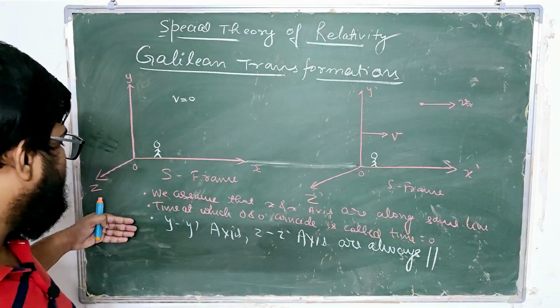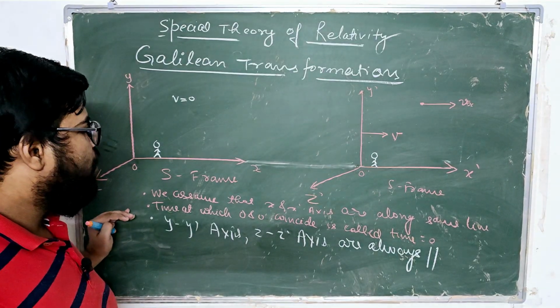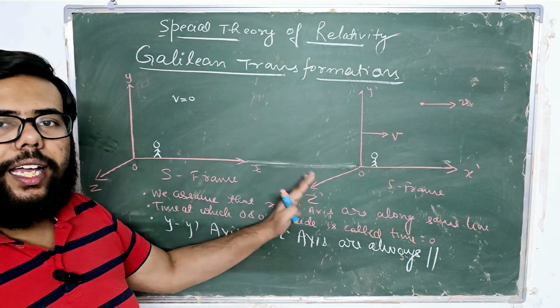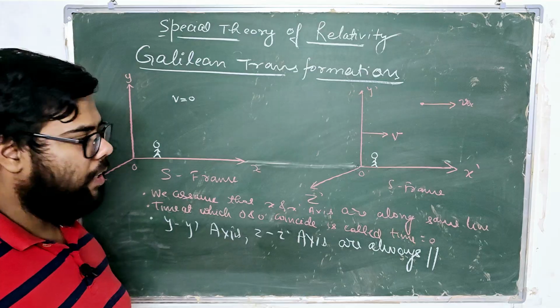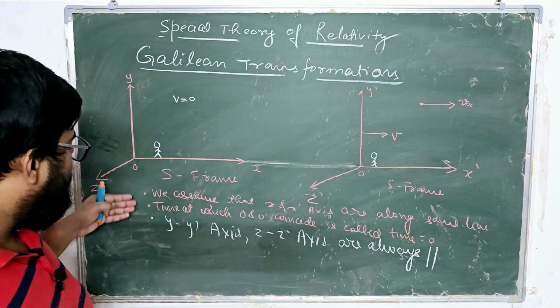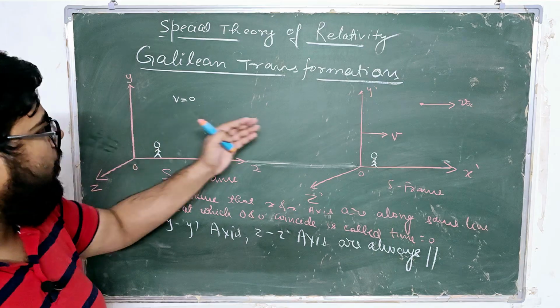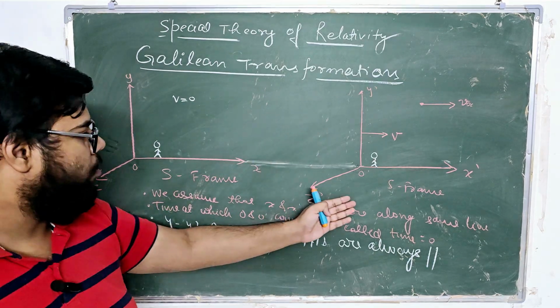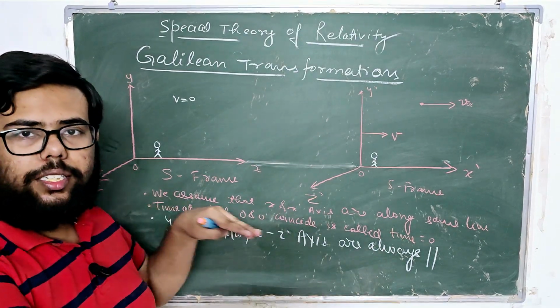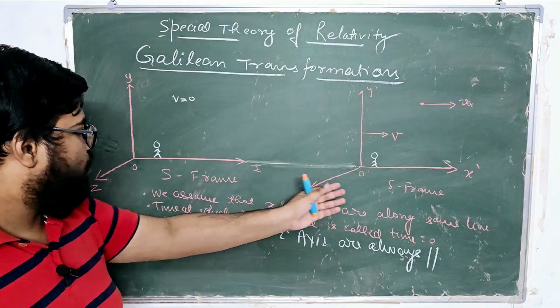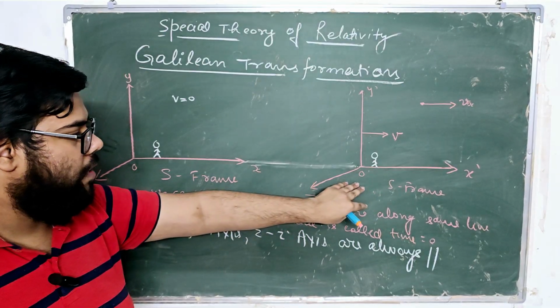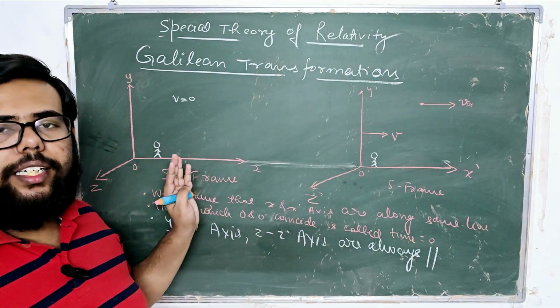These three points you have to keep in mind while making all the calculations in relativity. So y and y dash are always parallel, z and z dash are always parallel, x and x dash are lying along the same line, and the time at which the origins coincide is set as t equal to 0.